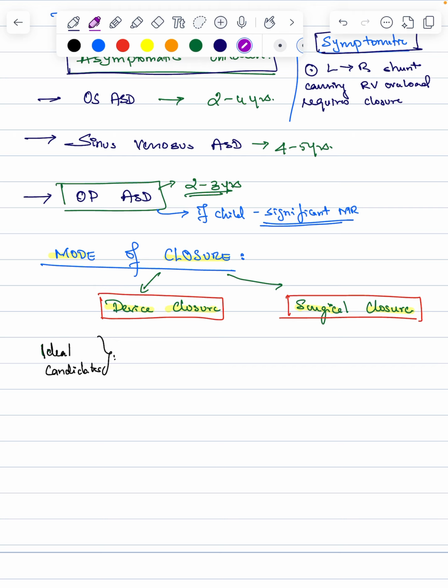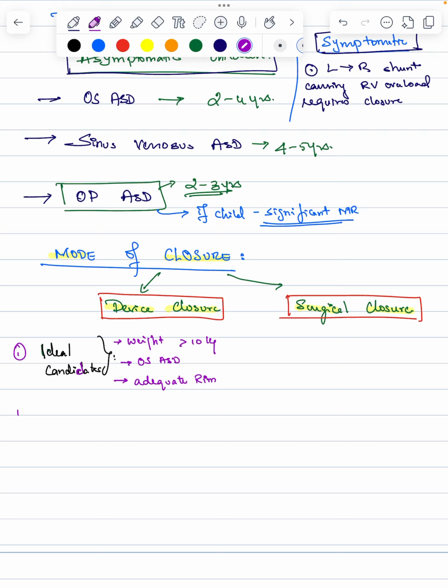So the ideal candidates for device closure are children whose weight is more than 10 kg, having an ostium secundum ASD with an adequate rim. Okay, they are the ideal candidates for device closure, right?